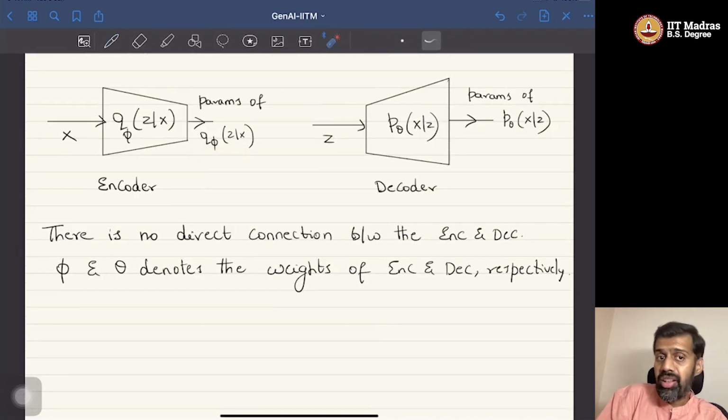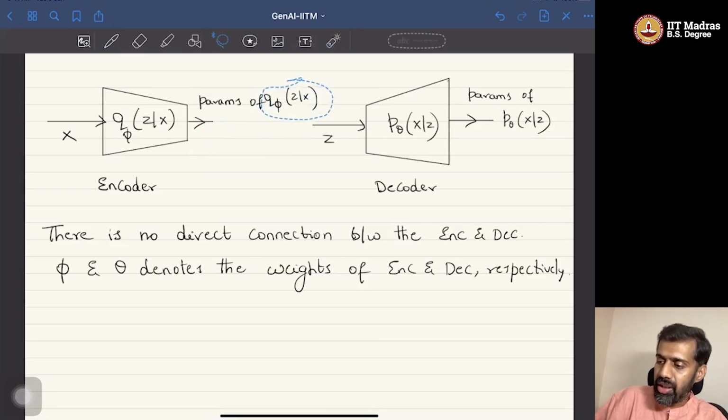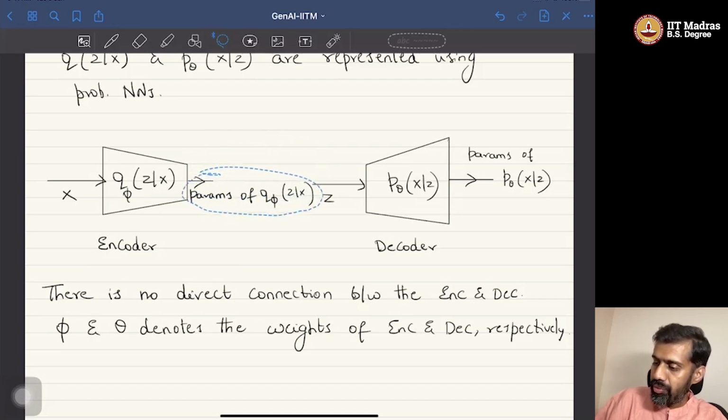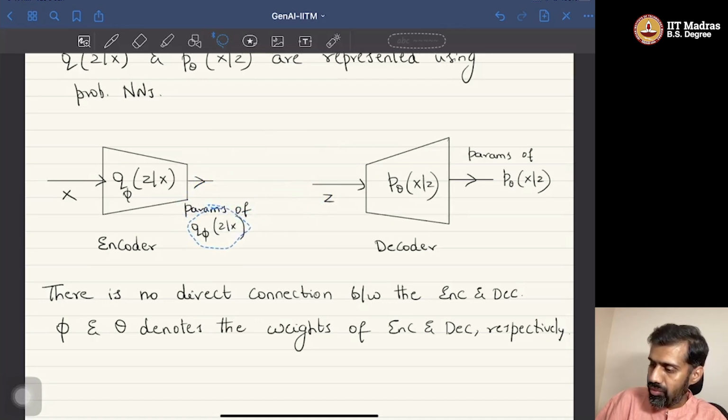The weights of these neural networks are denoted by phi and theta respectively. So this gives the parameters of q phi of z given x, and this outputs the parameters of p theta of x given z.